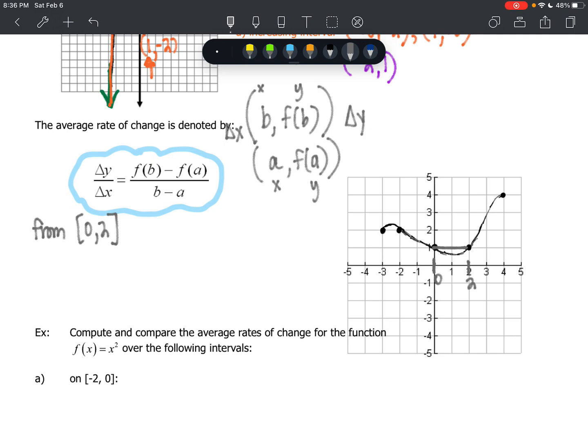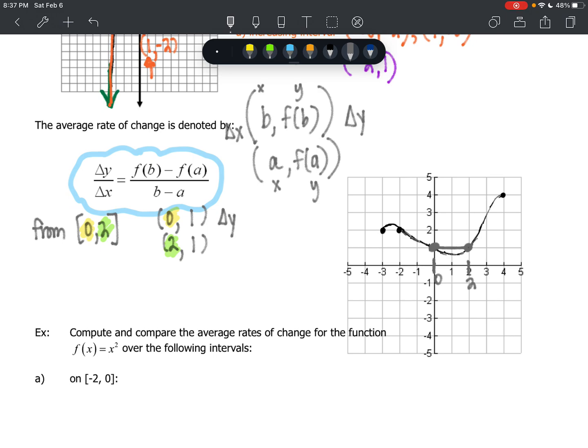But this is what we do. We put a 0 in, we put a 2 in. So this 0 is an x value, this 2 is an x value. When we put 0 into the function, we get a 1 out. See this point right here? 0, 1. When we put 2 into the function, we get a 1 out. Now between these 2 points, we find the rate of change.